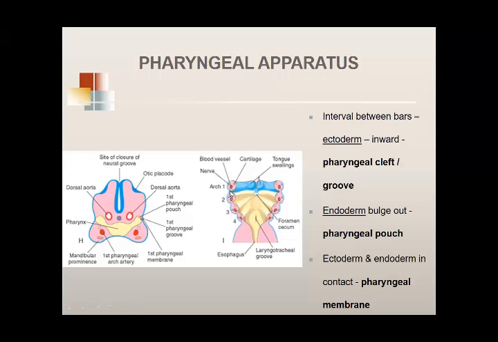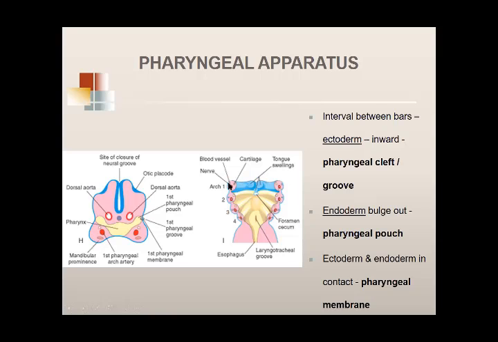So in the region of loose mesenchyme, in between two bars of condensed mesenchyme, or in between two pharyngeal arches, these condensed mesenchyme make up the pharyngeal arches. Okay? So in between any two pharyngeal arches, you have this loose mesenchyme.